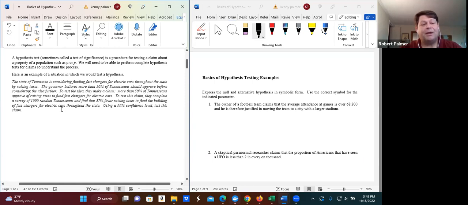So the question will be, if no more than 50% of Tennesseans actually favor this, and we got this sample of 1,000 random Tennesseans saying 57% favored it, and that's a really unlikely outcome, then what's more likely: that we just got a really unlikely outcome, or that more than 50% actually favored it?